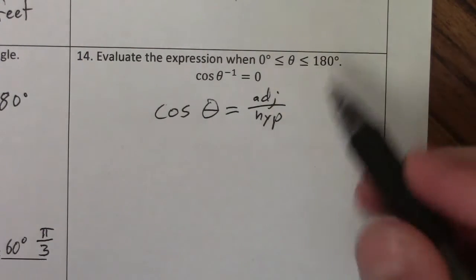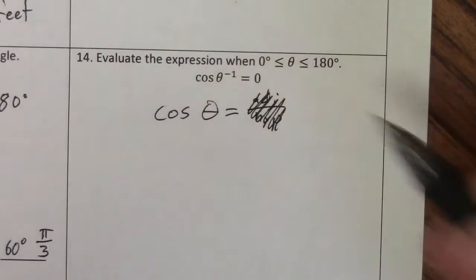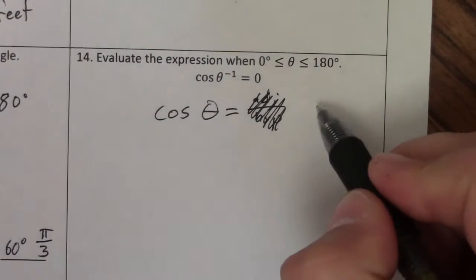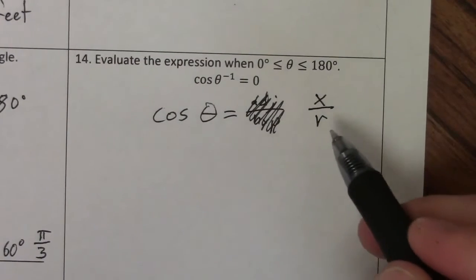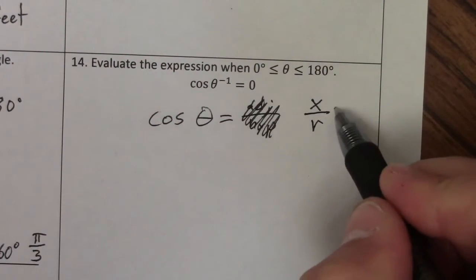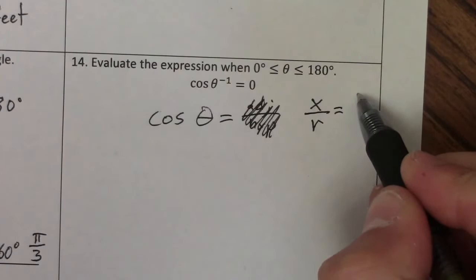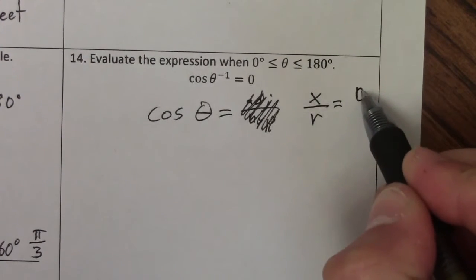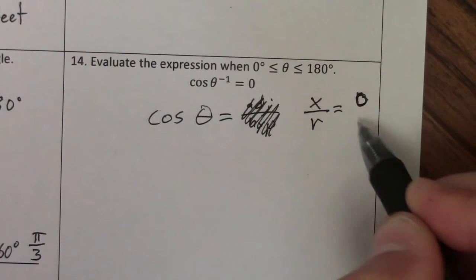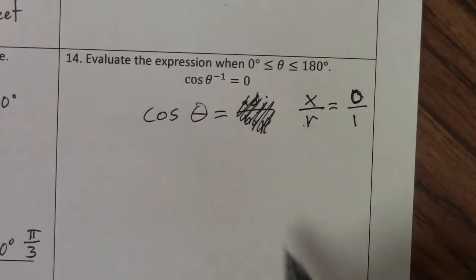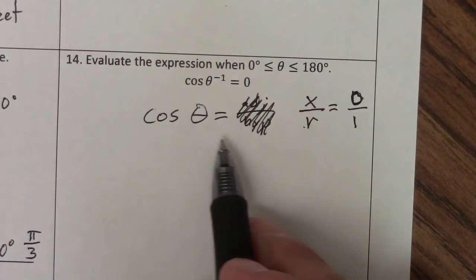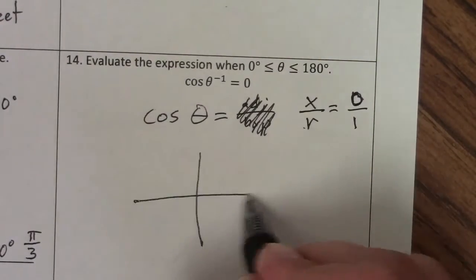So this isn't really the right definition to use. If you use the circle definition of cosine, it equals x over r. This might work because if we can get an x value, for example, of 0, so an x coordinate that's 0 and a radius is always 1 in these examples, we'll have the angle we're looking for.